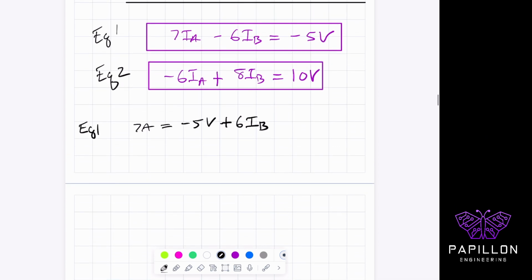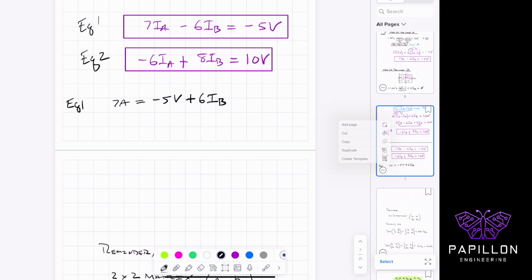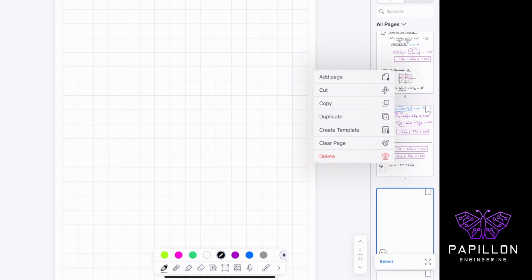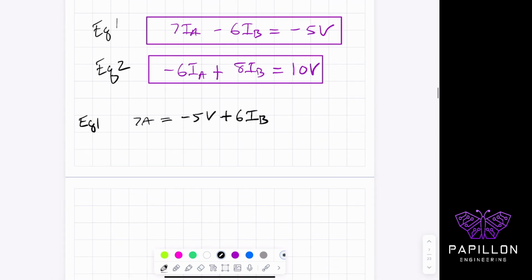Sorry, I'm going to add some more pages. So I'm not even finished simplifying, go one more step. I'm going to have IA equals minus 5 volts plus 6IB all over 7. So I'm trying to simplify this.